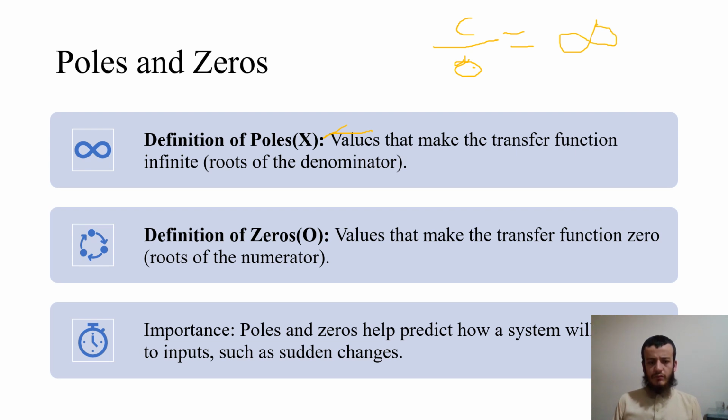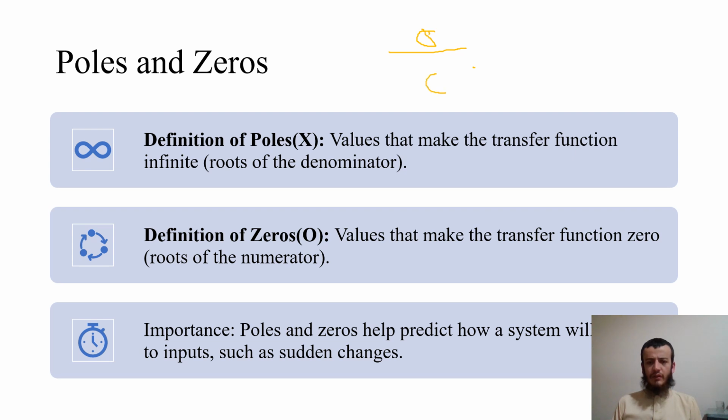Next, the definition of a zero is mathematically the inverse of the poles. That means anything that makes the transfer function equal 0, or it is the root of the numerator.